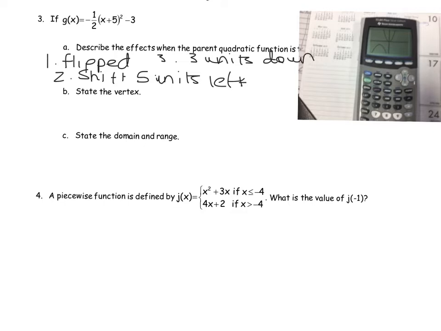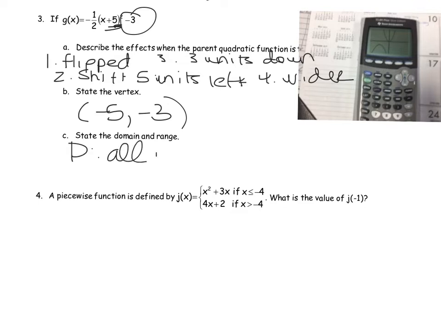And then it's also wider. Do you see that? This one is wider than this one. The vertex is over here at opposite x, same y. Domain, it's all real numbers. Range, this one is upside down, and that maximum value is -3.